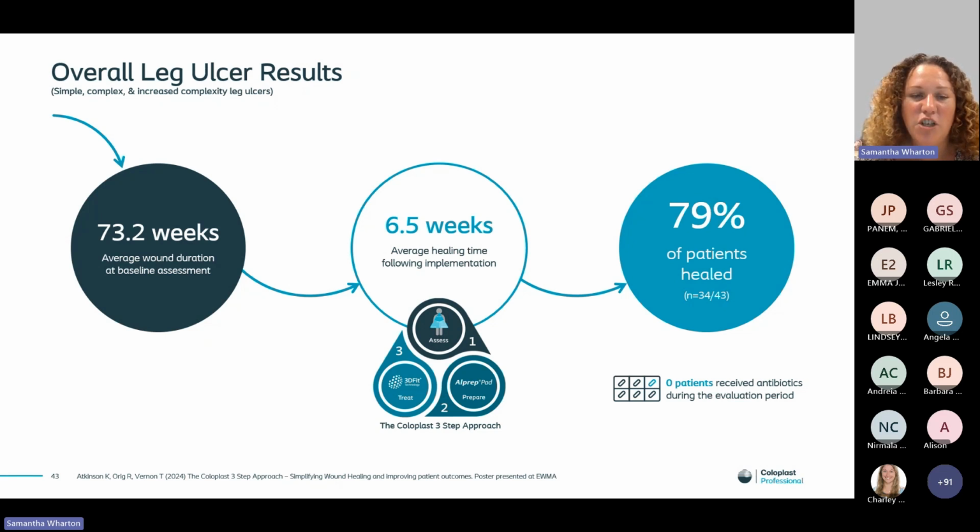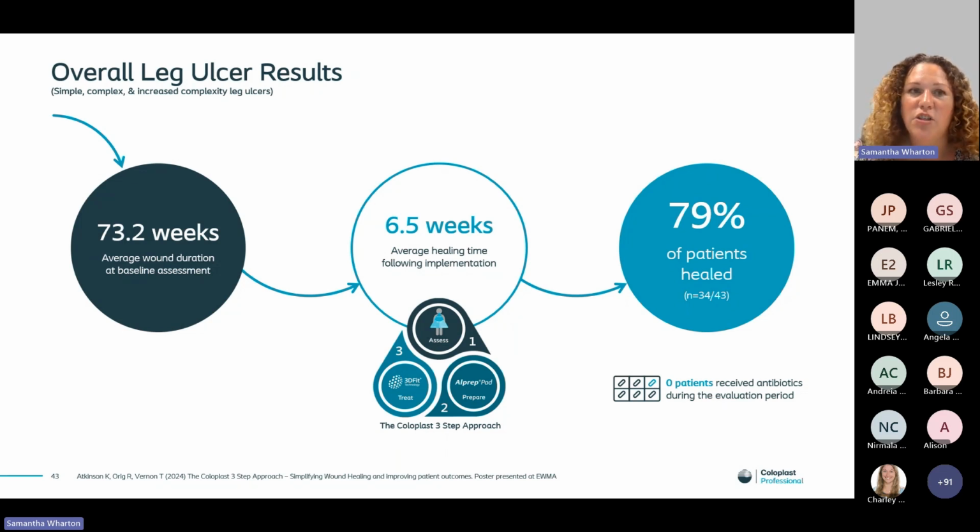So the average time these patients came to the clinic had their wounds for 73 weeks, and they were healed within an average of 6.5 weeks, utilizing the Coloplast 3-step approach of assess, prepare with All Prep Pad, and treat with Coloplast portfolio of products with 3D FIT technology.